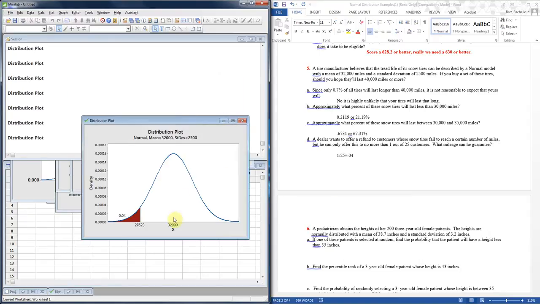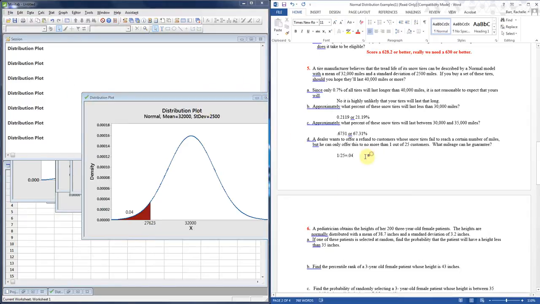Is that okay? So it looks like we want people whose tires last less than 26,623 miles. But let's be honest, most people will round this to 26,000 just because it's a nice round number and easy to report. So there you go.